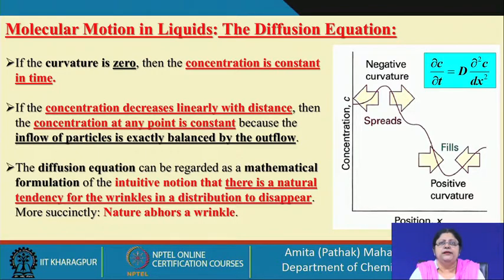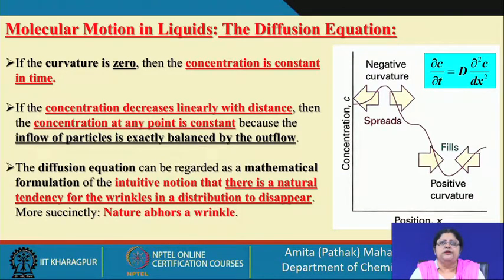And when there is a linear decrease in concentration with distance, if it is a uniform decrease, that means the slope is constant, that means at any point the concentration is constant, and that means the inflow of particles exactly balances out the outflow of the particles from the system.